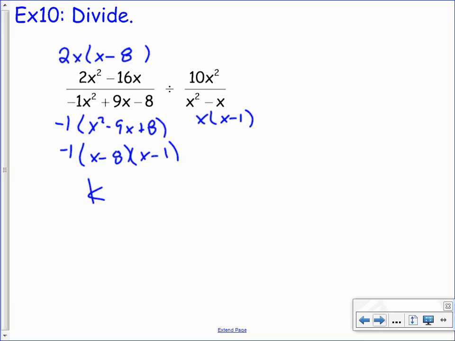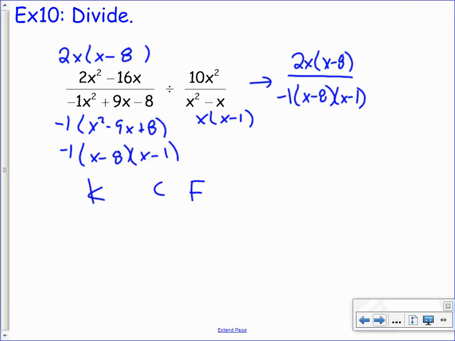So make sure that you keep, change, and flip this fraction. So using just the factors, you've got 2x, x minus 8, over negative 1, x minus 8, x minus 1, times x, x minus 1, over 10x squared.